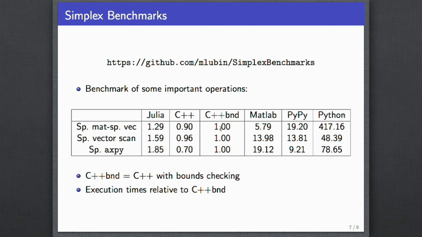We've had some discussions to figure out how to get rid of bounds checking overhead in critical things like this. So Julia is within a factor of 2. MATLAB is not really consistent, but around a factor of 10. PyPy is around the same as MATLAB, and Python is just far out there.